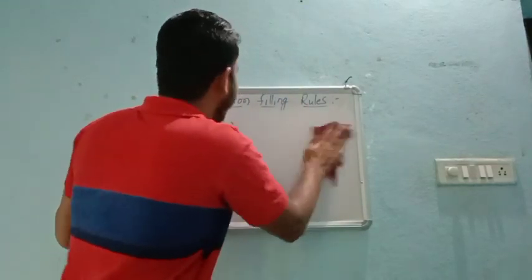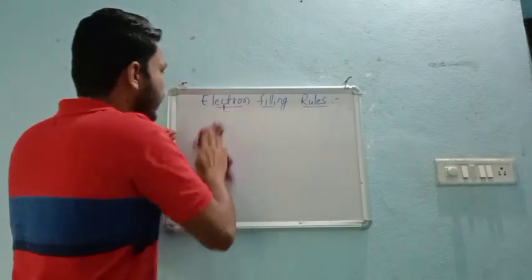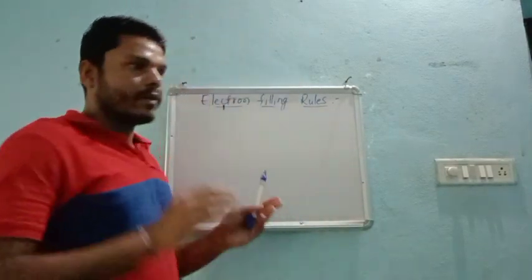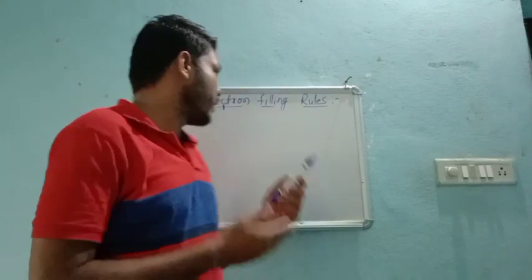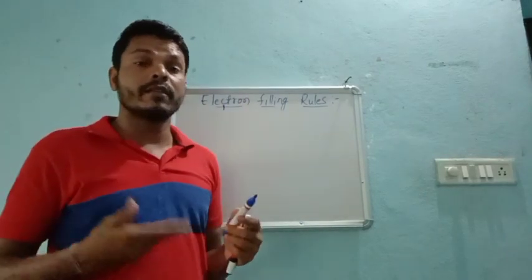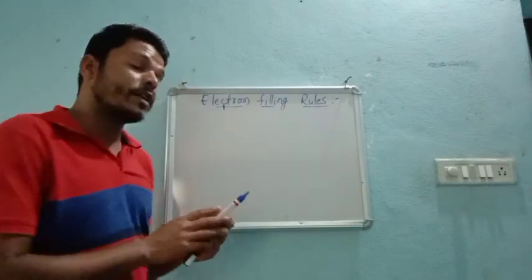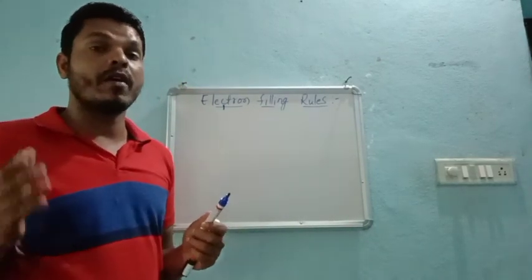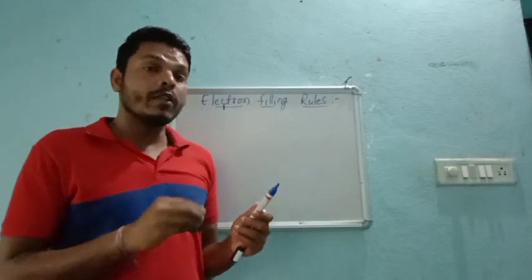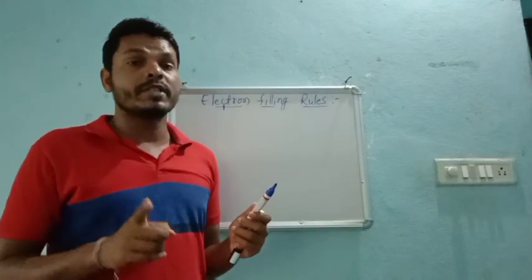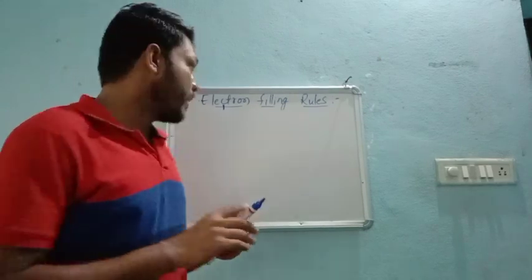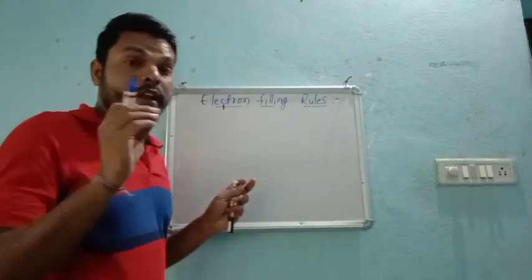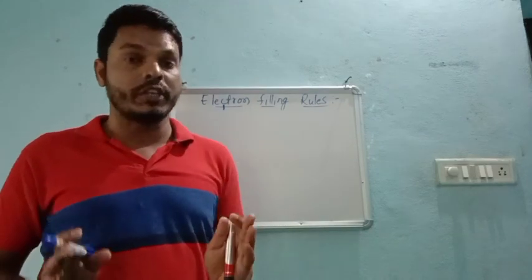So now, after knowing these things, that means electrons are negatively charged, and electrons are present in different energy levels. The energy level may be n equals 1, or 2nd, 3rd, 4th, that is, the electron may be present in the K shell, L shell, M shell or N shell. All the electrons carry the same charge, but depending on their shells, their energy and size may change, right?